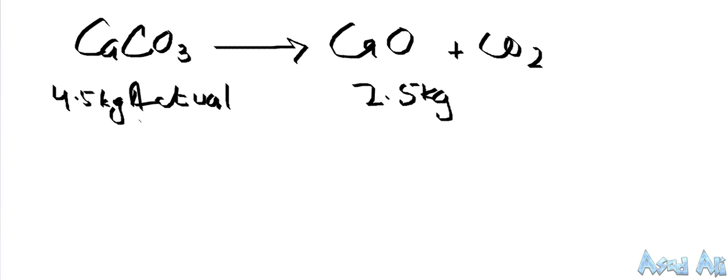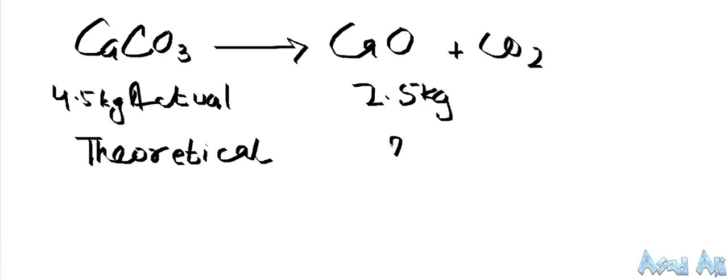To find out the percentage yield, we use the theoretical yield, that is unknown. Now the theoretical yield is unknown.